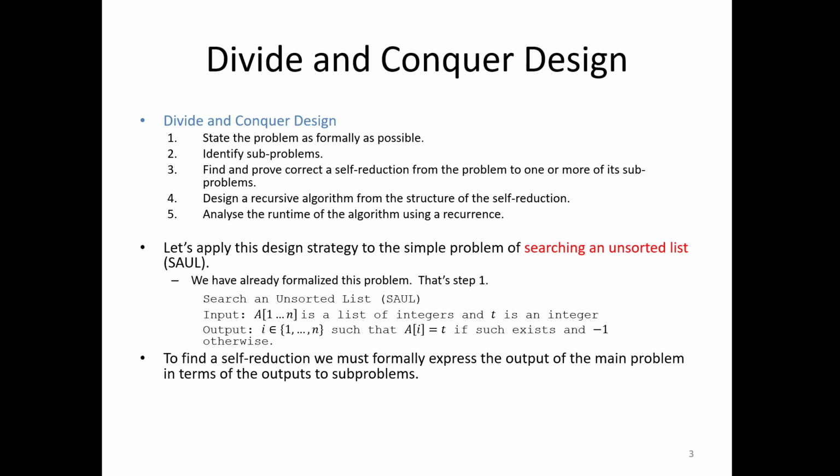So step 4 says, now design a recursive algorithm from the structure of the self-reduction. And we'll see in a second that a self-reduction has a recursive structure. And so in fact the algorithm is very simple to read right off of the self-reduction. So once we have it, the algorithm comes almost for free. We just sort of copy it down, that's one of the good parts.